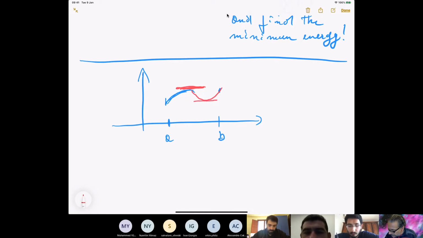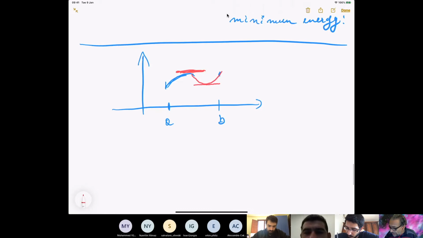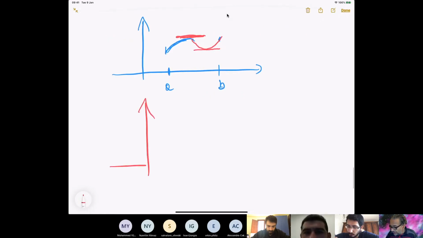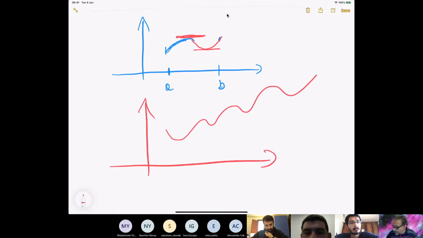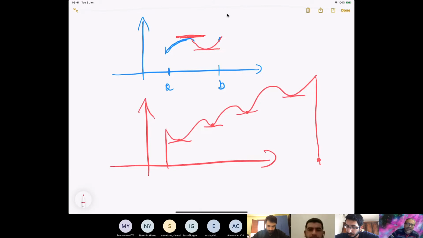So consider that this is a condition for a local minimum. You can have several minima. Okay, this is a local minimum. This is a global minimum in the plot which I'm drawing. So we can have several minima, so we can have several equilibrium configurations which are stable.